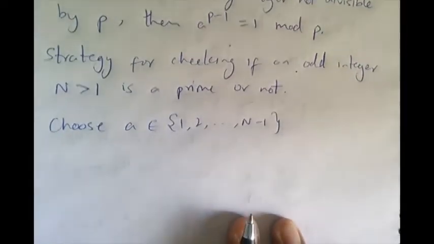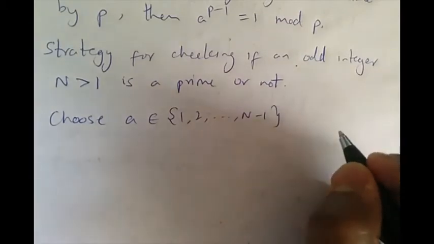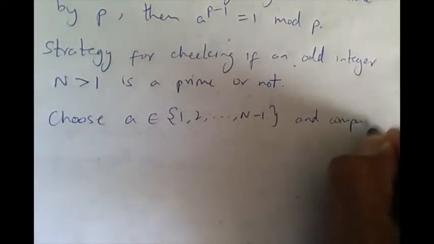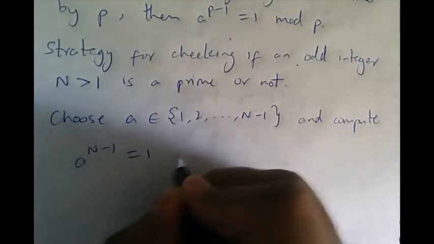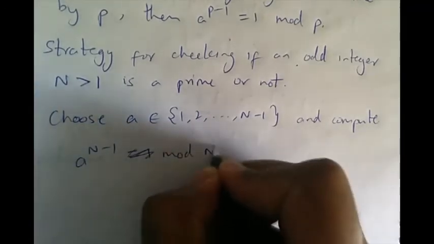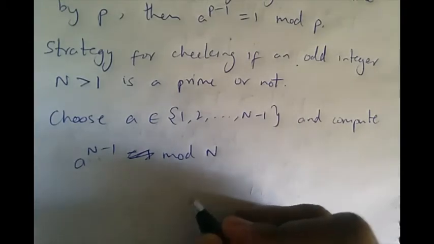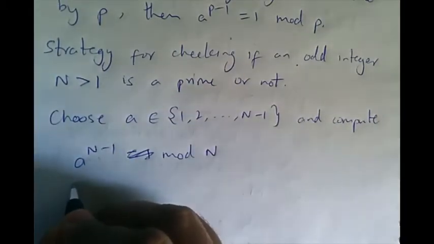And so you choose an integer here and compute A raised to n minus 1 mod n. Now, if this turns out to be not equal to 1, then we know that n is not a prime. So we have two cases.